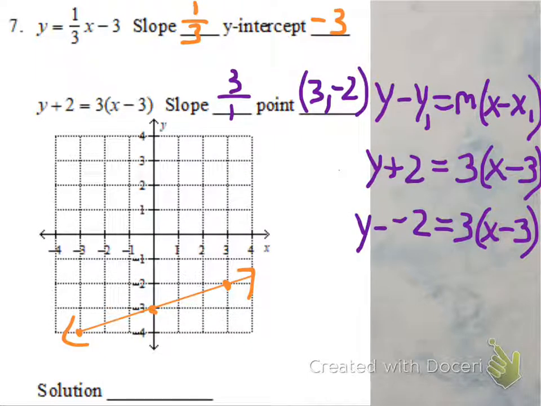Plot a point at 3, -2, and then we'll use our slope to find other points. So go up 3 to the right 1. Connect them, you got your line. So these lines intersect at the point 3, -2.